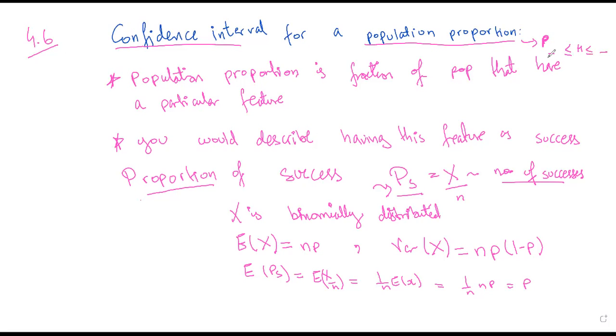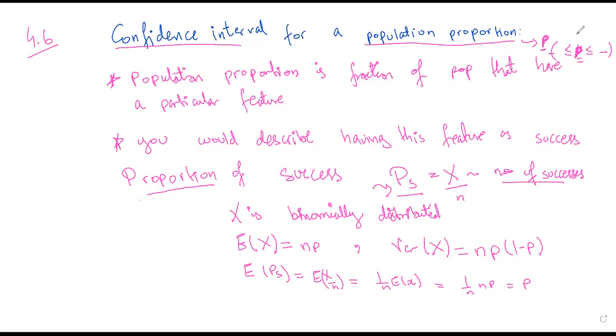So I am telling you that the population proportion is written as P. So the only thing you can determine by now is that you will have P here. Is this part clear?